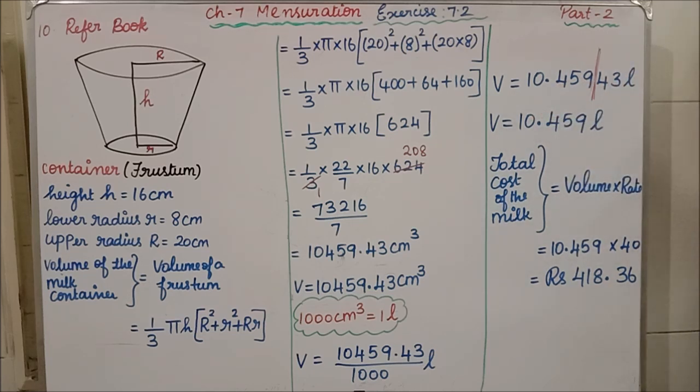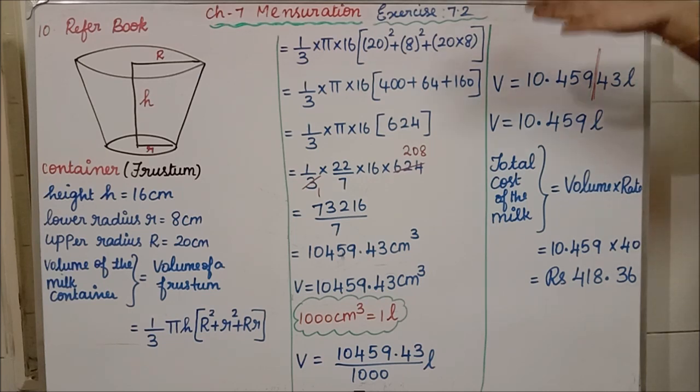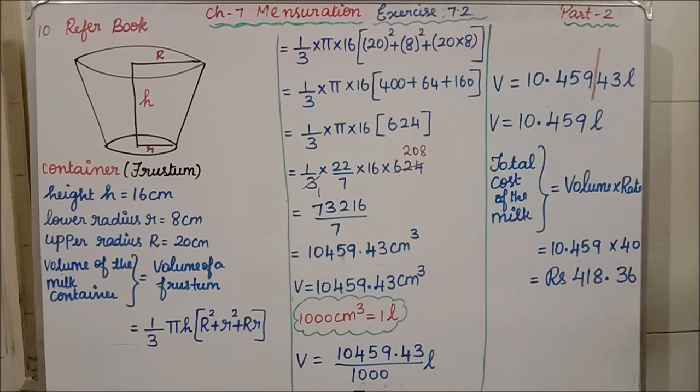Okay, they are asking the cost of the milk. That bucket is full of milk. What is the total cost of that milk, they were asking. So total cost of the milk is equal to volume of the frustum into rate.